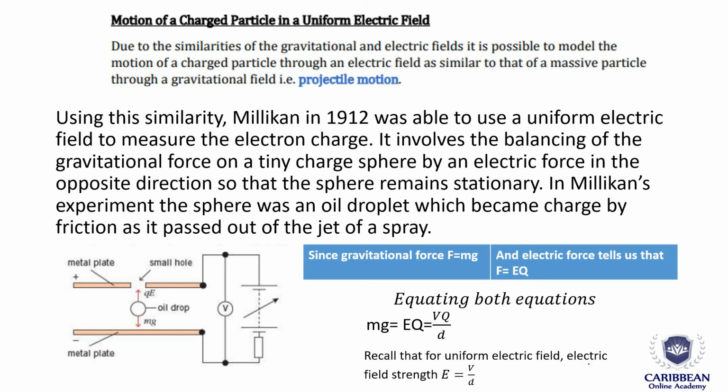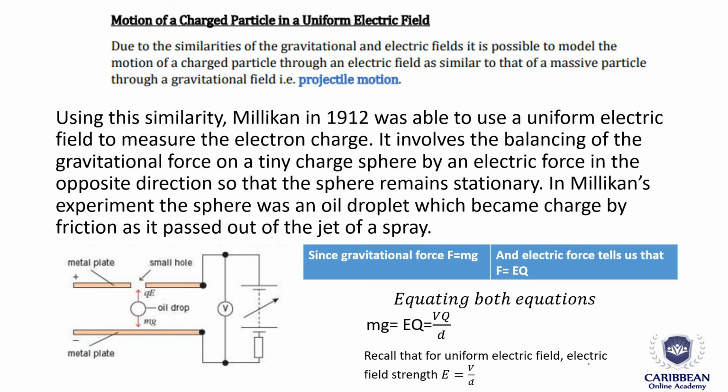And in doing that, once he was able to balance the charge, it became stationary, and because it became stationary, he was now able to quantify the actual charge of the oil droplet.